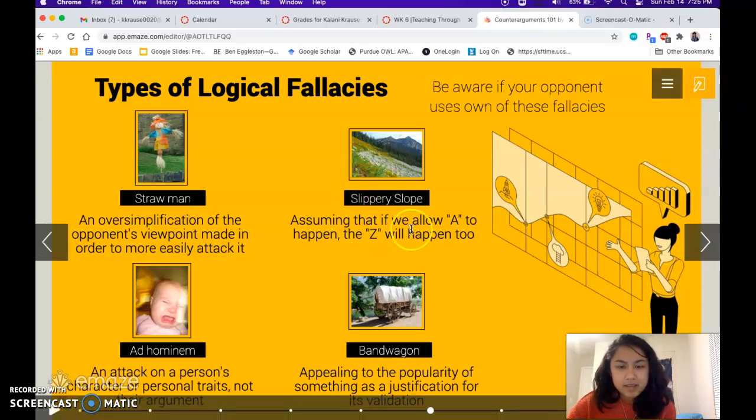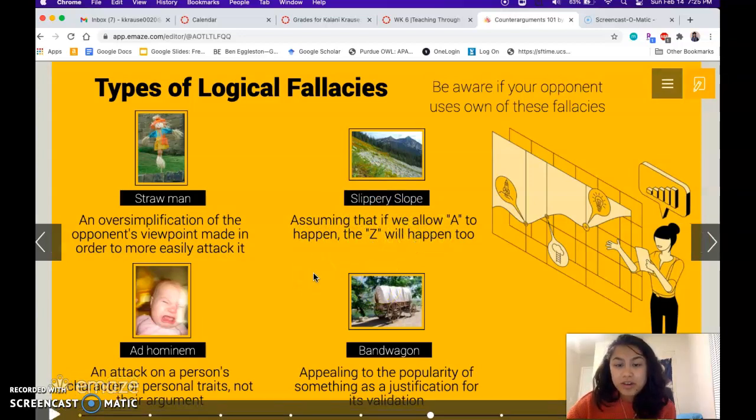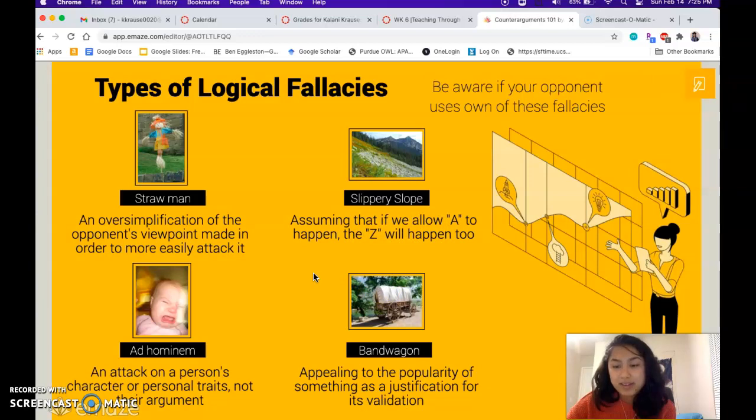Next is a slippery slope. So assuming that if we allow A to happen, then Z will happen too. You might hear this a lot from adults who kind of just think of the worst possible scenario. But what this would look like is if someone said, well, if we allow 16-year-olds to vote, then we should just allow 13-year-olds to vote too. And we should allow 16-year-olds to drink while they're at it.